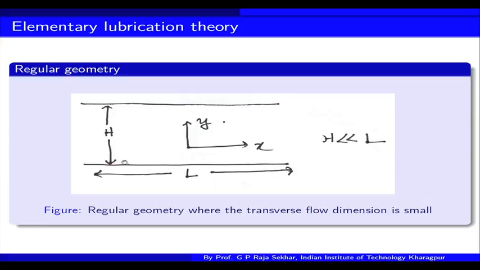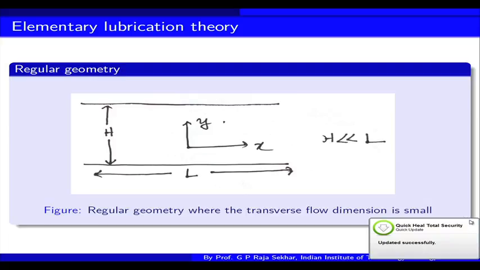In the case of a regular geometry, we have, say, two parallel plates separated by a distance h, and let us say the length of the plate is L. Then we introduce the aspect ratio, which is h by L. When h is much smaller than L, that means compared to the length of the plate the distance between the two is small, so the aspect ratio is much smaller.